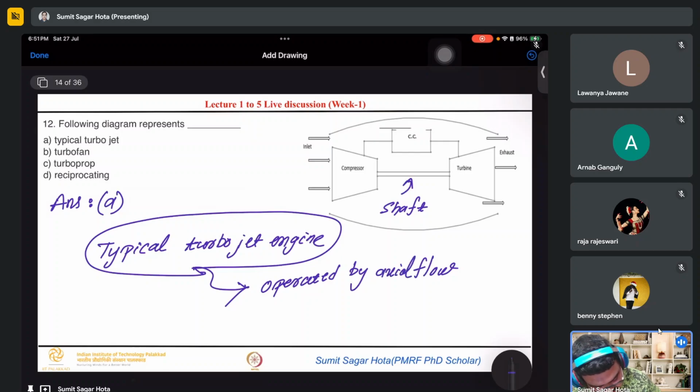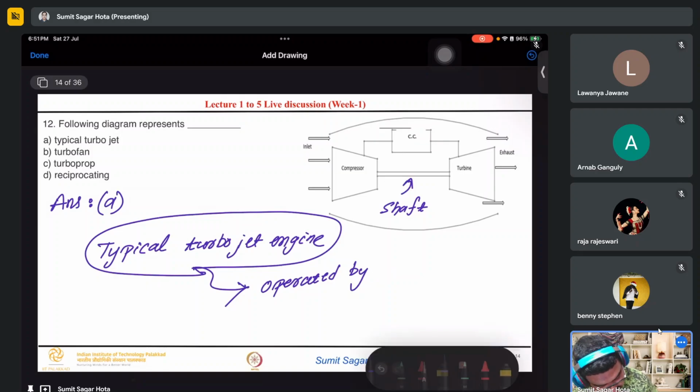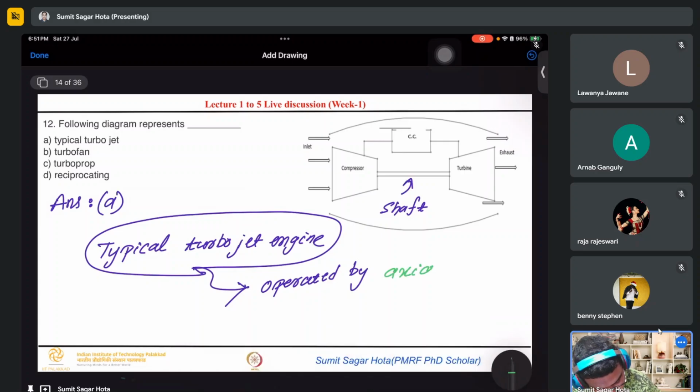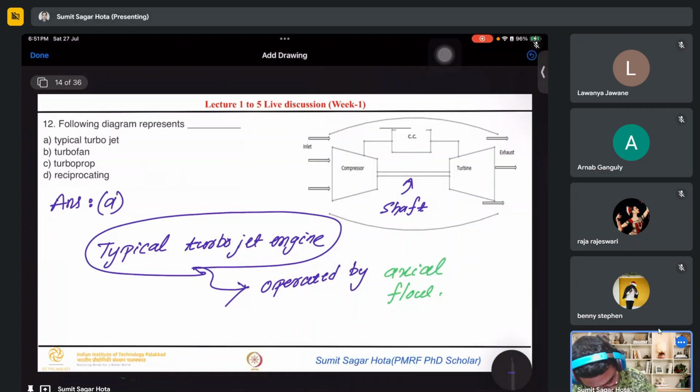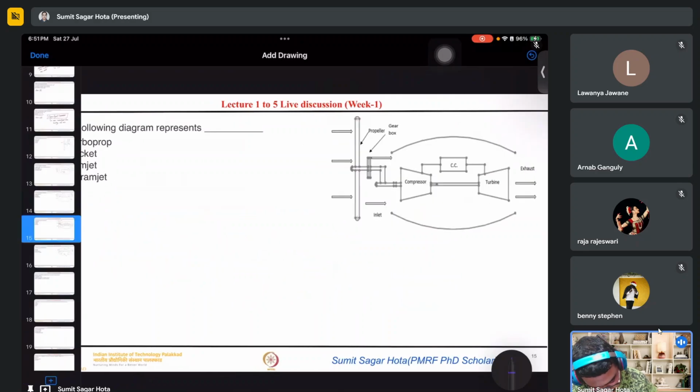Okay, it is operated by axial flow. Okay. So next one.